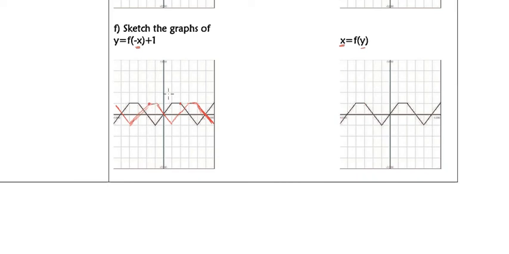Our point at 1, 1 became negative 1, 1. At negative 1, negative 1, it became positive 1, negative 1. And so all the x values have switched. So our first step was to reflect it over the y-axis.